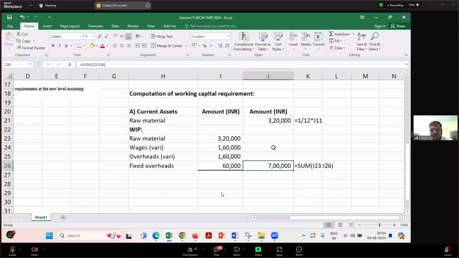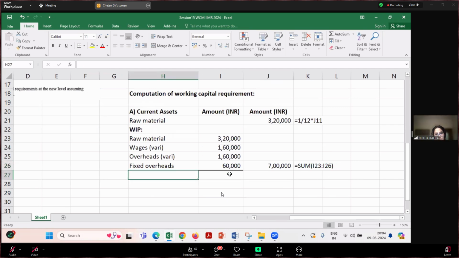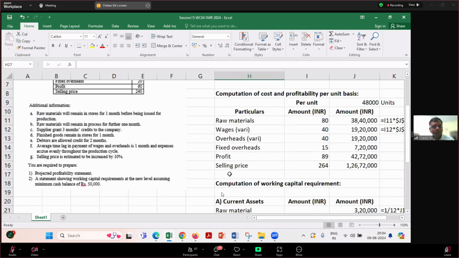Is it fine? Sir, one thing I want to ask, what is the cycle of the working capital for which we are calculating? The cycle of the working capital ranges from 1 month to 3 months, looking at this additional information. You can see supplier credit is 3 months, whereas for your debtors, you're giving credit for 2 months. Too much, as we discussed already. And finished product stays for a month.